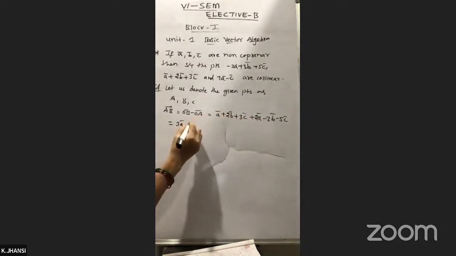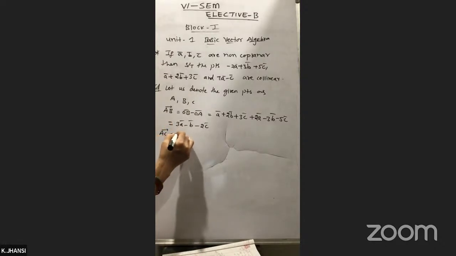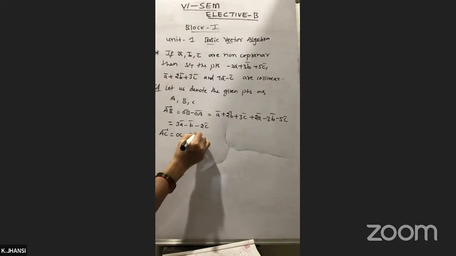So if you do the simplification, a plus 2a is 3a, 2b minus 3b is minus b, and plus 3c minus 5c is minus 2c. Okay. This is the value we got for AB. Either you can find BC or you can find AC. Okay. So if you take AC, AC is OC minus OA.